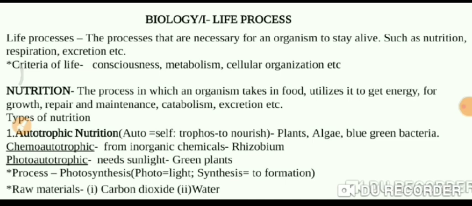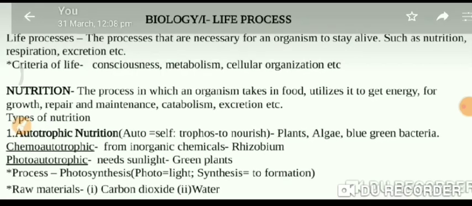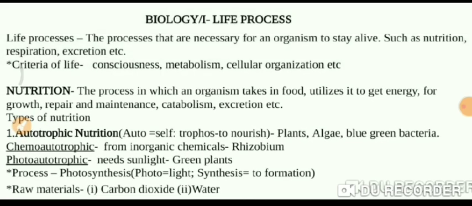In simple terms, nutrition is a process by which we take in food and get energy for our various processes. Now there are two types of nutrition. The first one is autotrophic and the second one is heterotrophic.